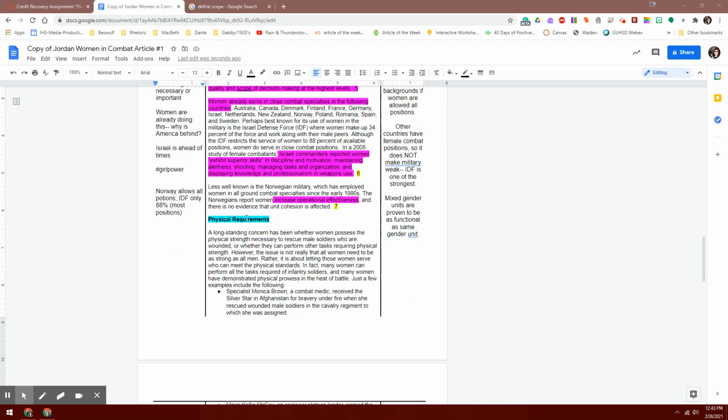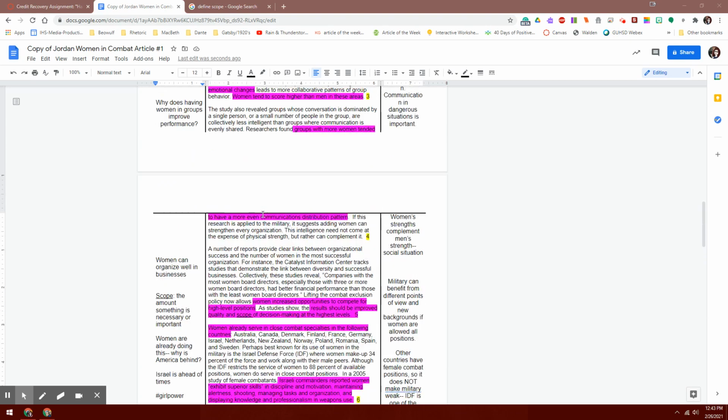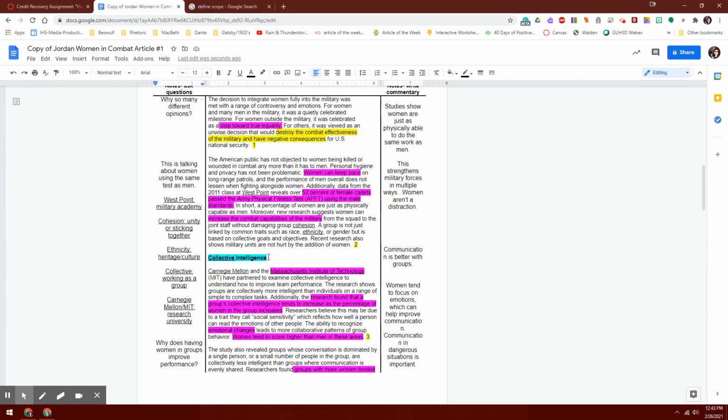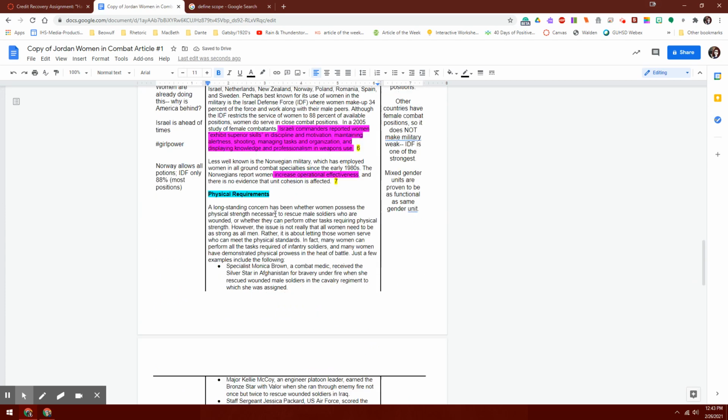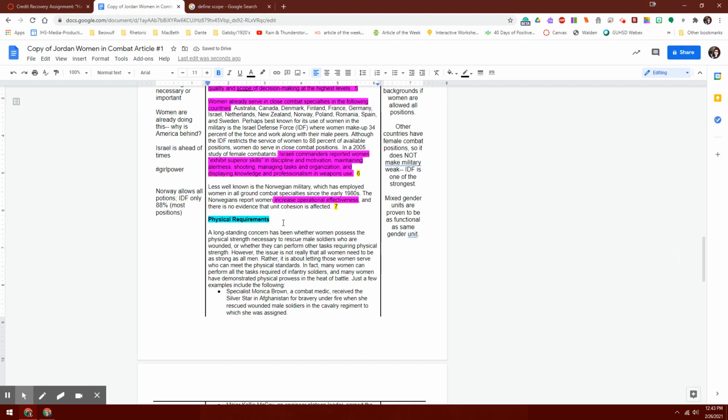This is another little chunk. So we have physical requirements. So up here, we talked about cognitive intelligence, so I'm going to make a note. We're going to talk about thinking. And then down here, we have the fighting and the physical.